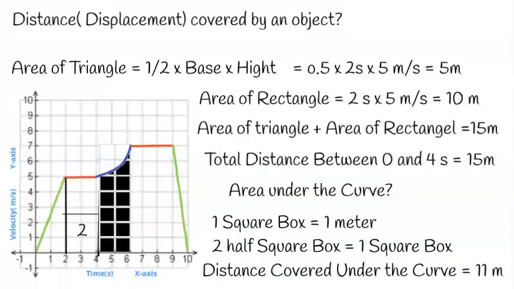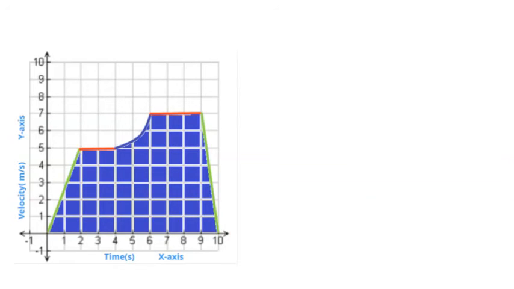So distance covered under the curve is equal to 11 meter. So the distance between 4 and 6 seconds is 11 meter. So we can find the area by counting the square box or by making the triangle or rectangle.